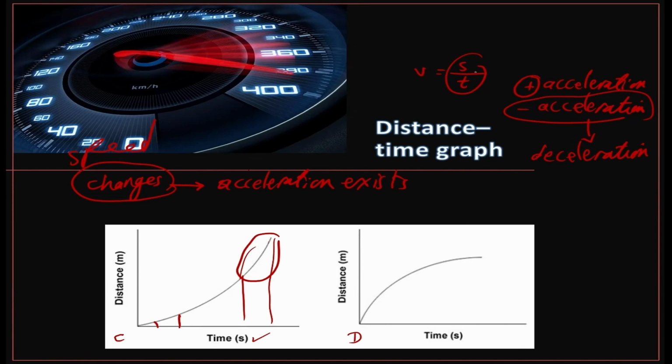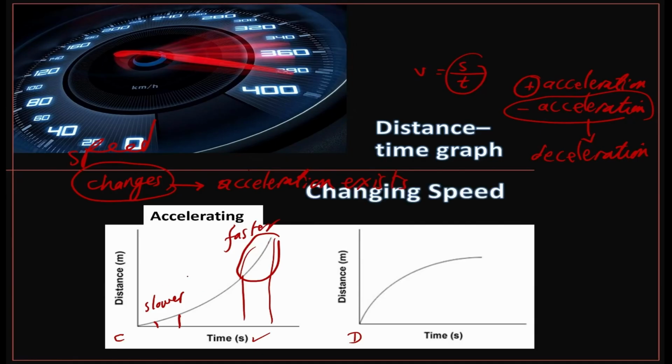This means the ratio between distance and time increases. This means the speed increases. So we have a small speed here, the object is slower, and here the object is faster. This means we have acceleration. So the object in this case is accelerating.